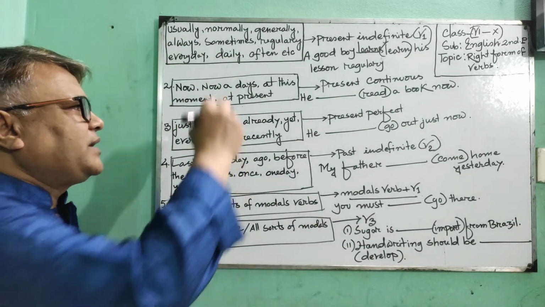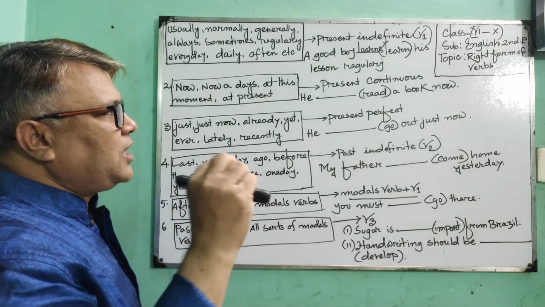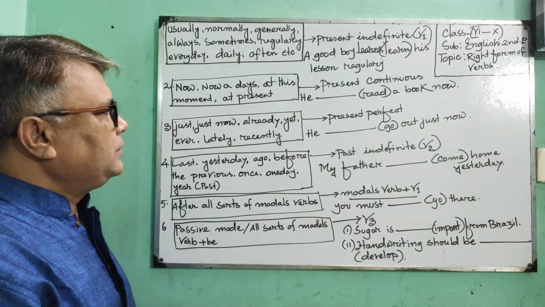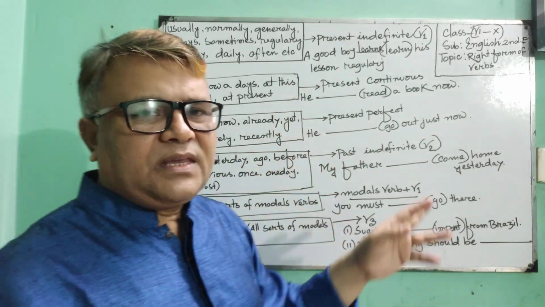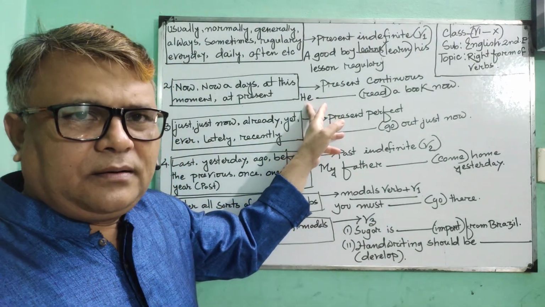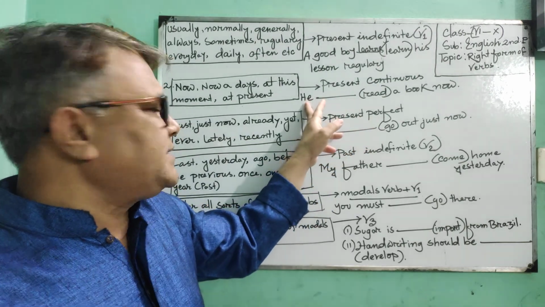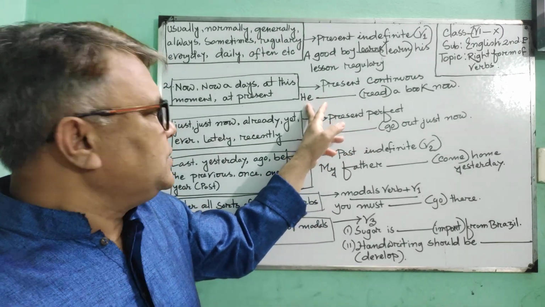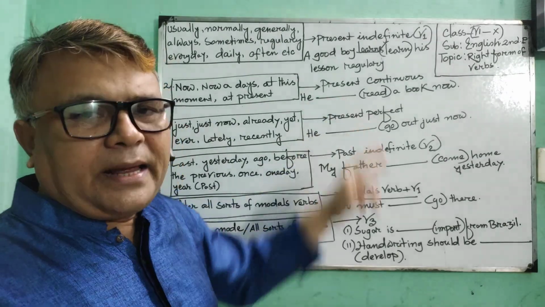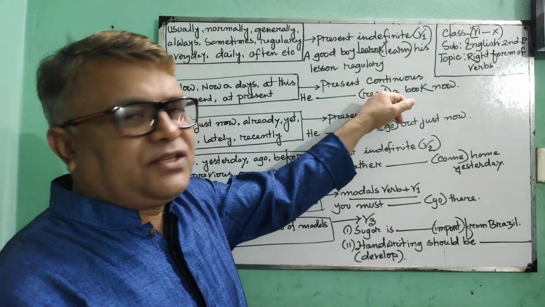So we have to make it present continuous, and we have to follow the structure of present continuous tense. How? First of all, you have to place subject, then am, is, are according to subject. As subject third person singular number, so we have to place is, then we have to place verb and ing.